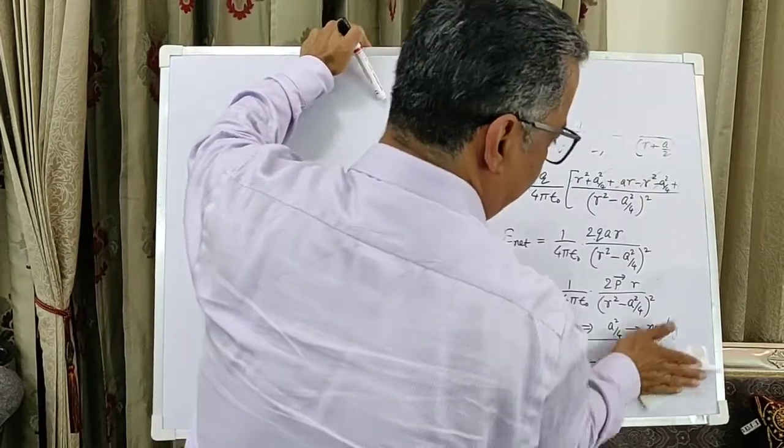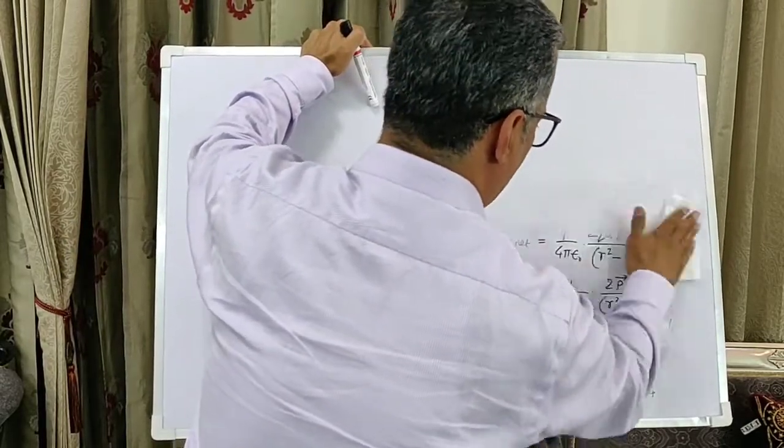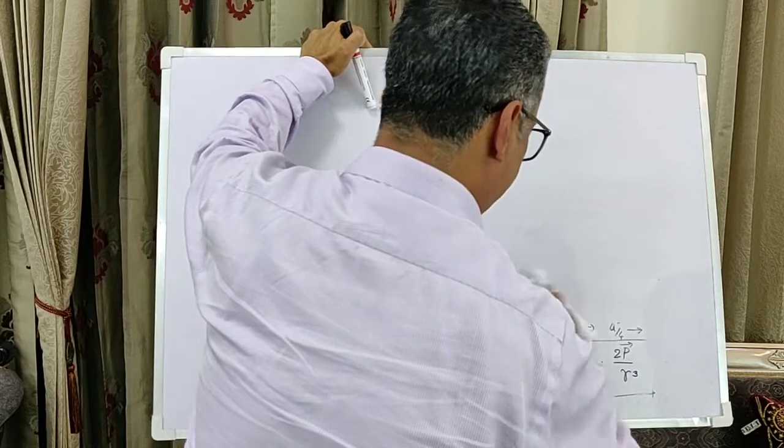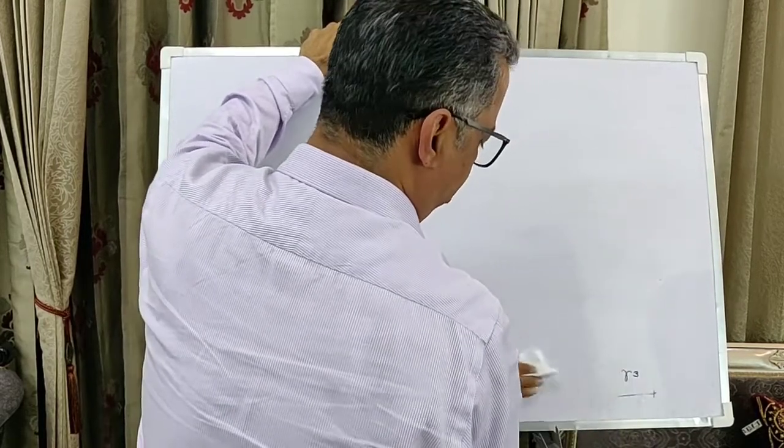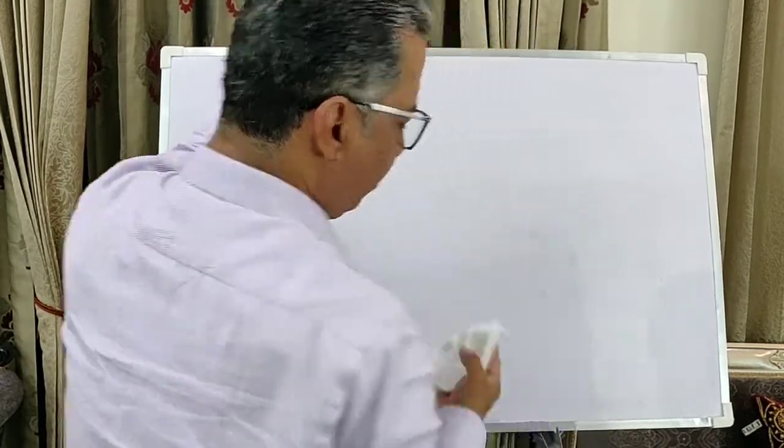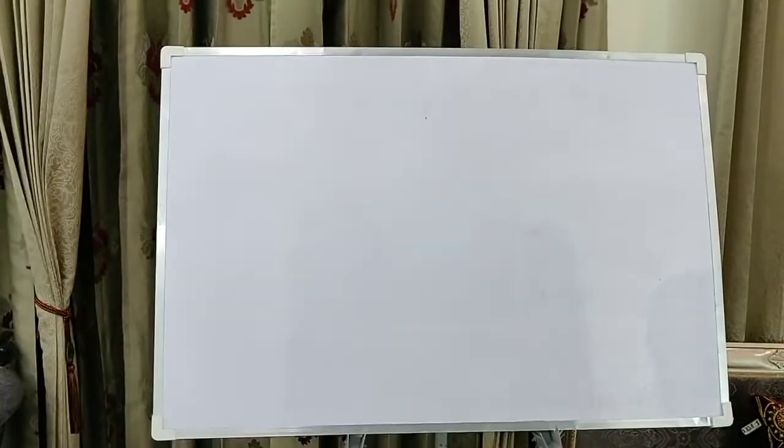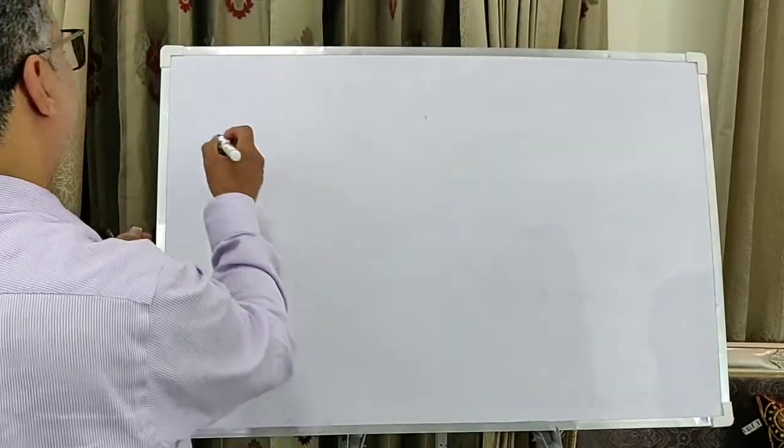So let us again consider a dipole having two charges, minus q and plus q, just like in the previous case.